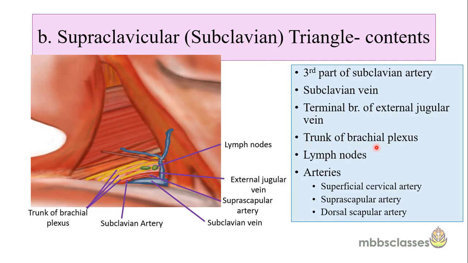The trunks of the brachial plexus may be easily palpated if the neck is contralaterally flexed in some cases and if the patient is thin. Then the other contents are the lymph nodes and the arteries. There are three arteries which are a part of this subclavian triangle: superficial cervical artery, suprascapular artery, and the dorsal scapular artery.